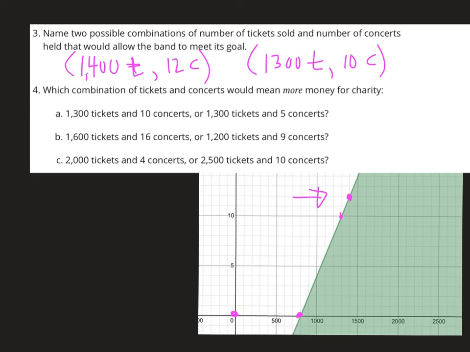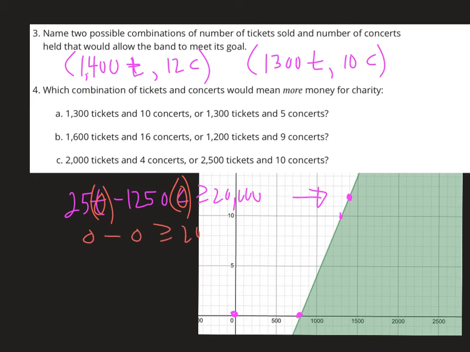And so if I go back to my original 25t minus 1250c greater than or equal to 20,000, and I put in 0, 0 for the origin, right? And what do I end up with? 0 minus 0 greater than or equal to 20,000. I don't think so. 0 is not greater than 20,000.